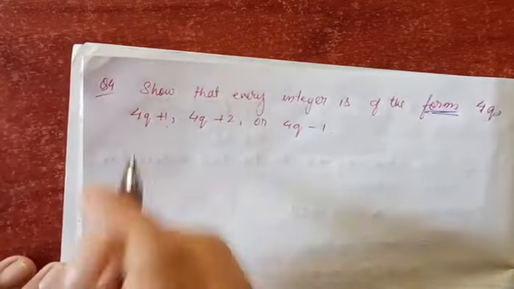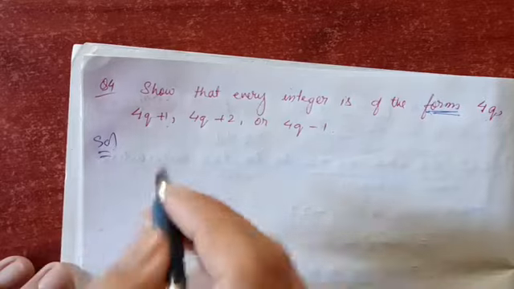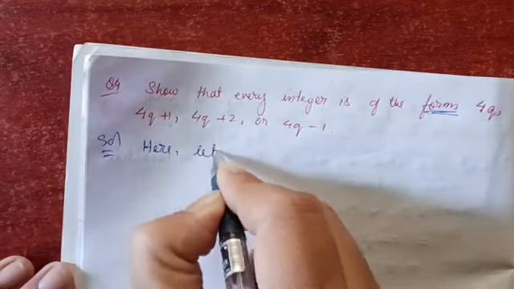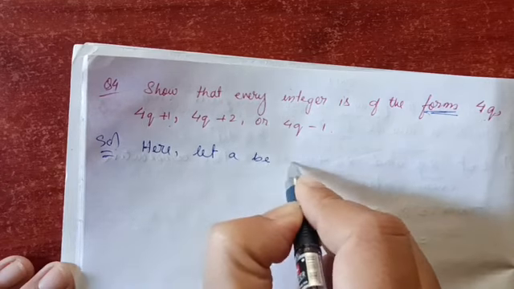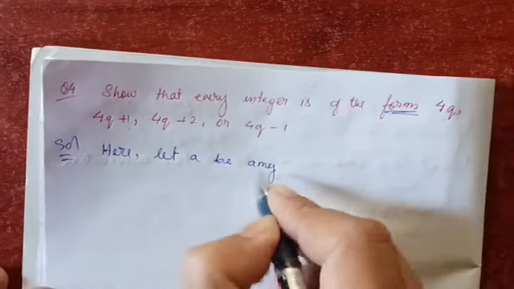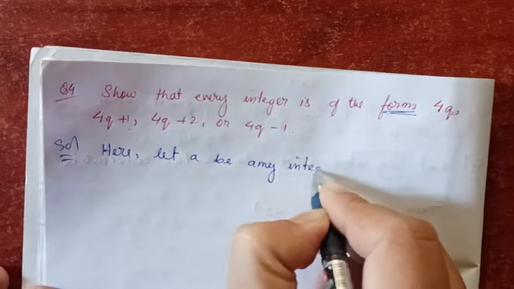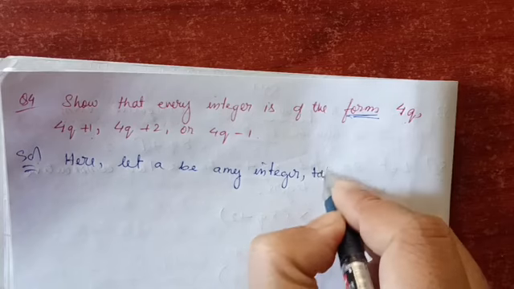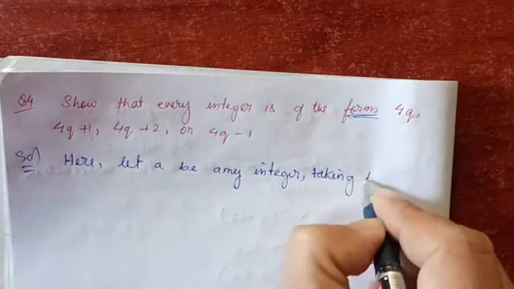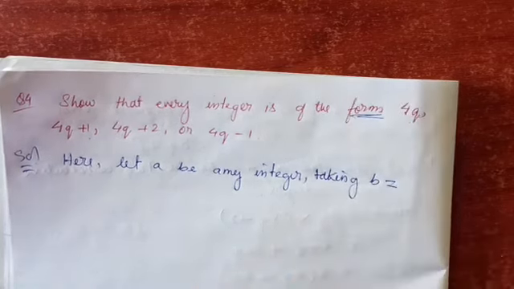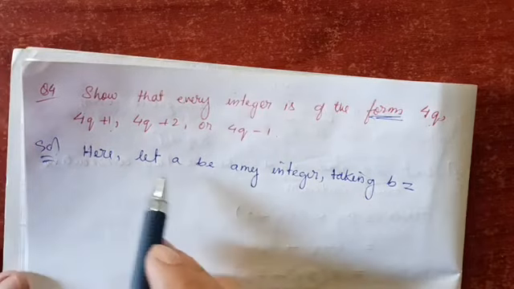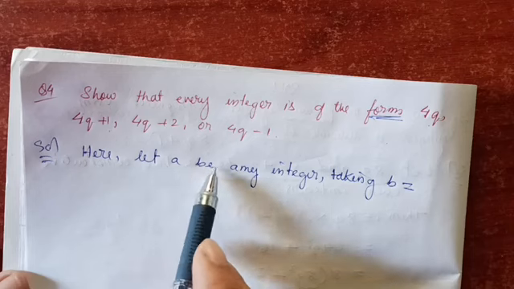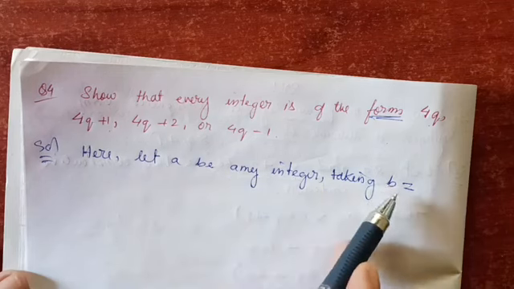So for such a type of question, you always start like this. Let a be any integer, taking b equal to. So start like this. When forms are given, you start like this: let a be any integer taking b equal to.